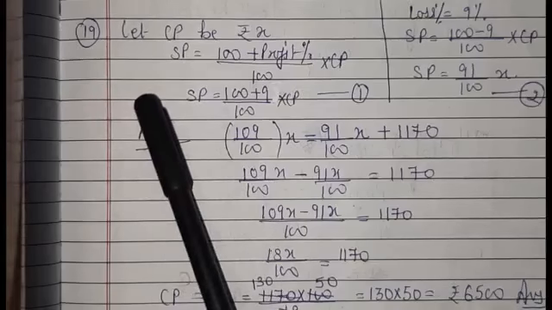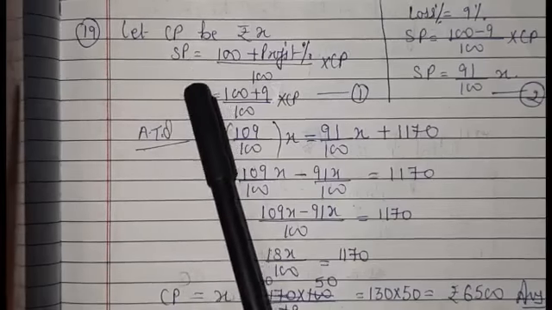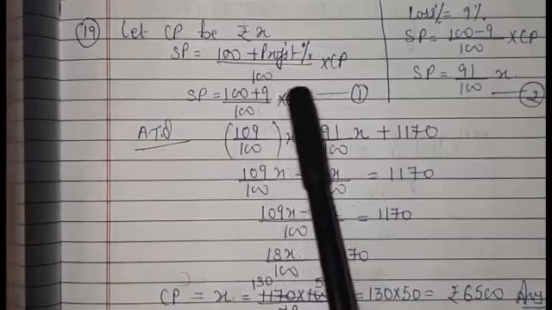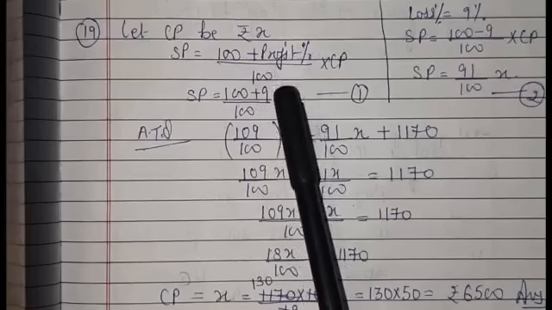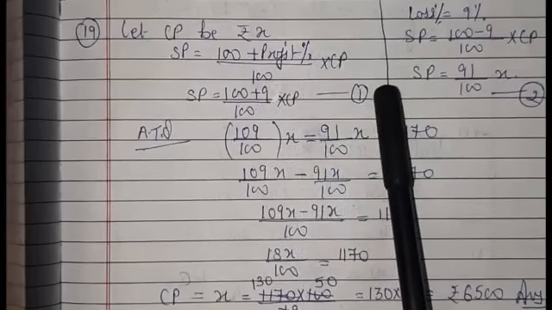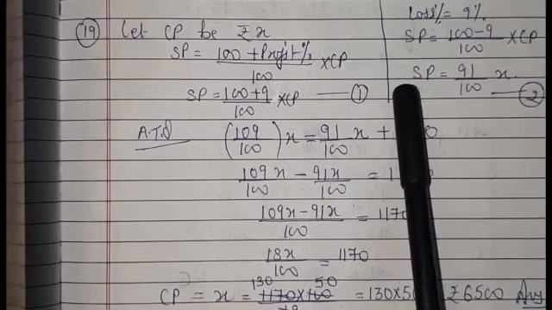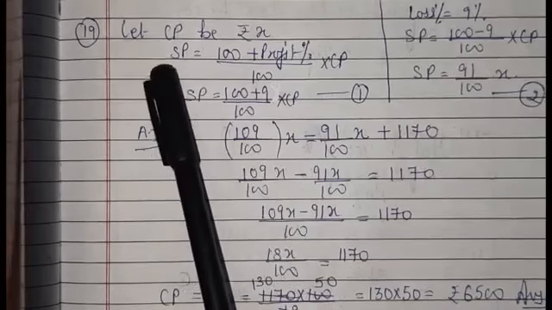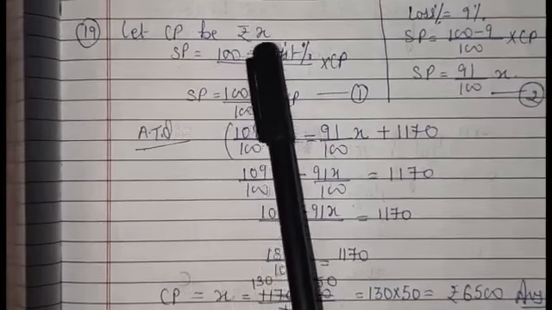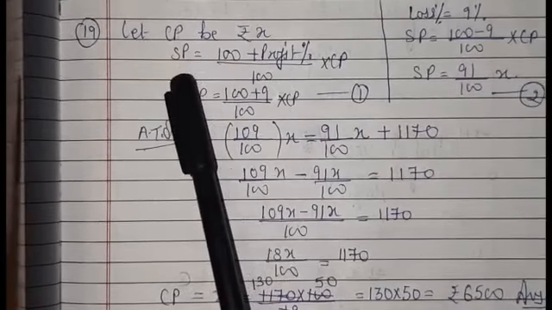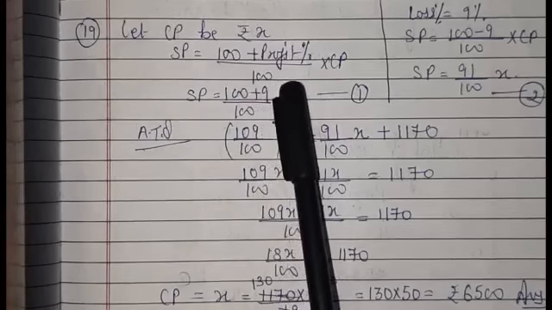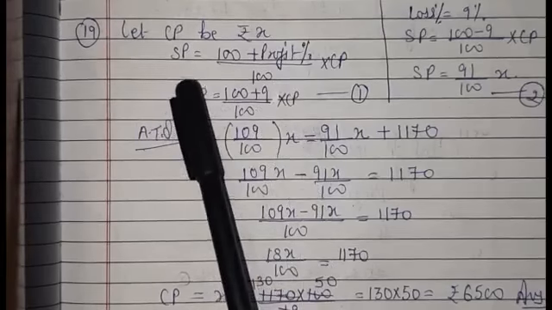Now come to sum number 19. A wedding album when sold at a profit of 9% yields rupees 1170 more than when it is sold at a loss of 9%. Find the cost price of the wedding album. So here first we have to let the cost price be rupees X, then calculate the selling price when 9% profit percent is given. So we use this formula.